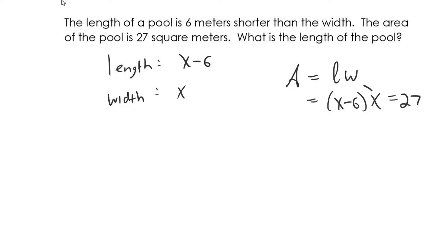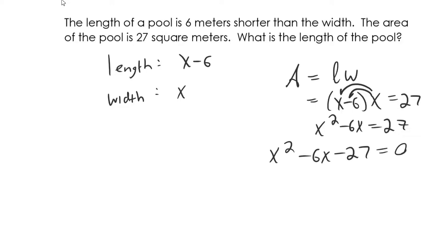So now we can distribute this x here and here. That'll give us x squared minus 6x equals 27. And then we say to ourselves, well, this is a quadratic. Something with x squared in it is usually a quadratic. And for quadratics, you get one side equal to 0. So x squared minus 6x minus 27 equals 0. And go ahead and factor that.